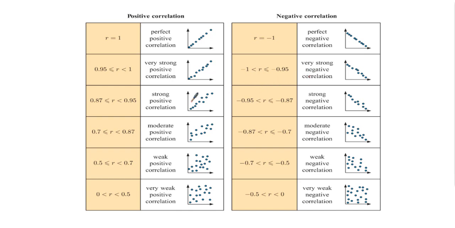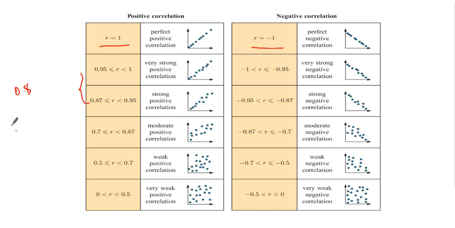You don't need to actually memorize it. Let's go into more detail. When r is 1, it's a perfect correlation, no doubt about that. But in some books, they give this part. You mainly need to figure out 3 cases: strong, moderate, and weak. If it's more than 0.8, it's strong.